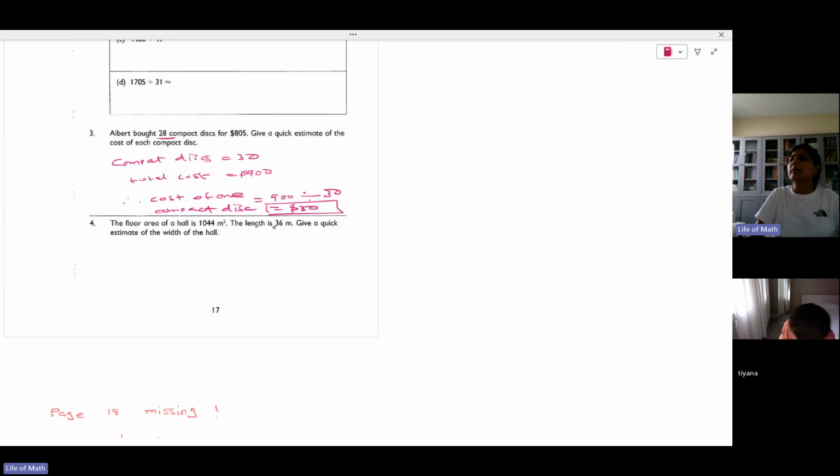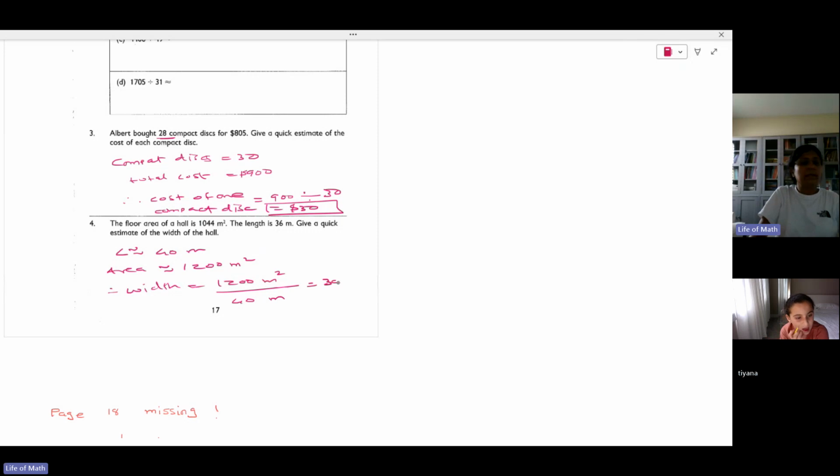Length can be approximately 40 meters, and then the area needs to be rounded to 1,200 meters squared. And therefore width will be area divided by length, and that is 30 meters. This is how it needs to be solved. Is it making sense? Yeah, I just need 2 secs. Write it down nicely.